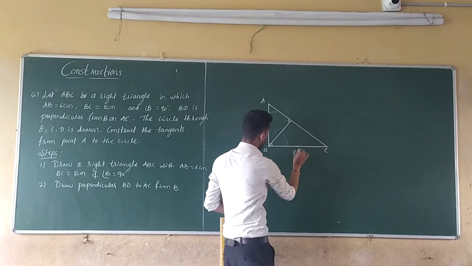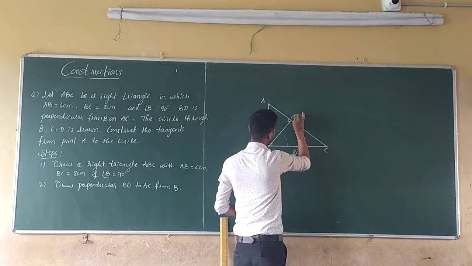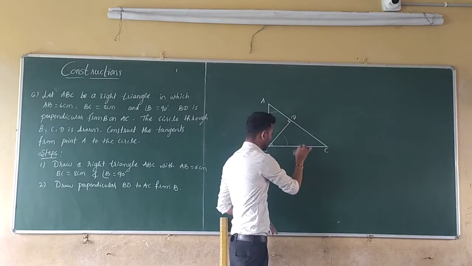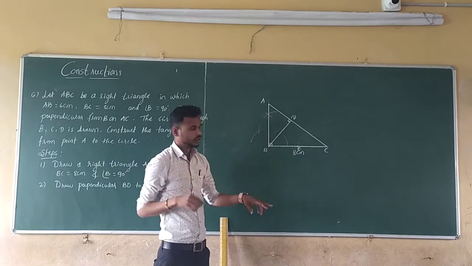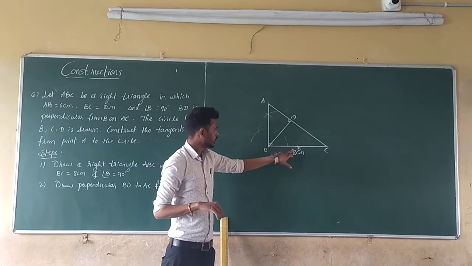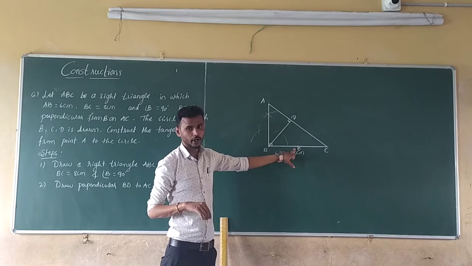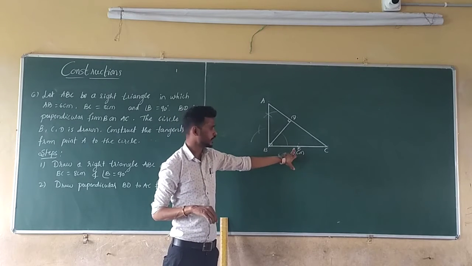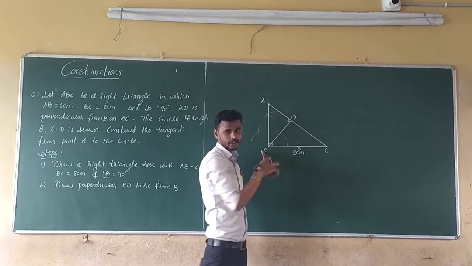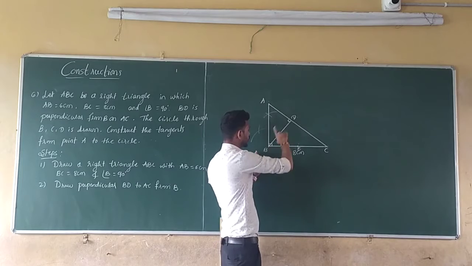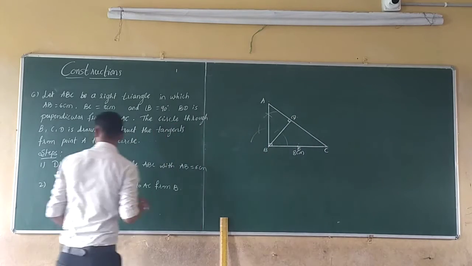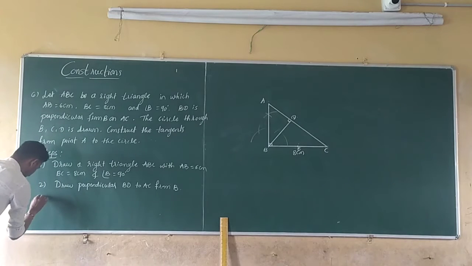Let us take this as E and this is D. BD is a perpendicular and this is the midpoint E. Now by taking midpoint E of BC as a center and radius 4 centimeters, draw the circle. It will pass through B, C, D.